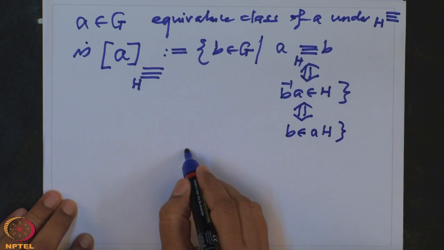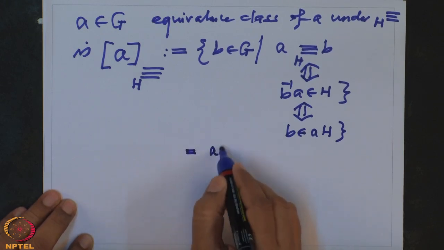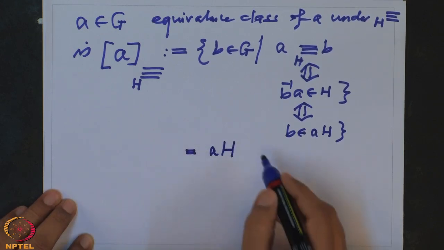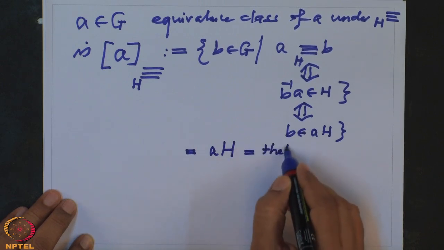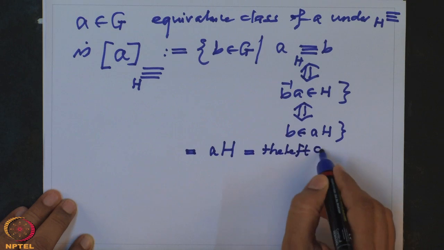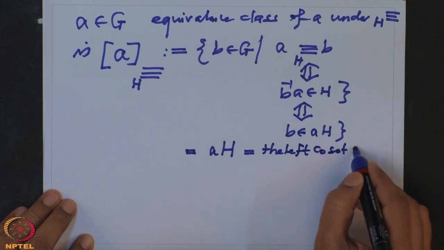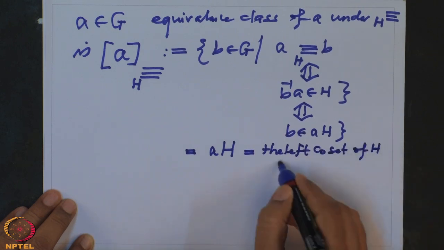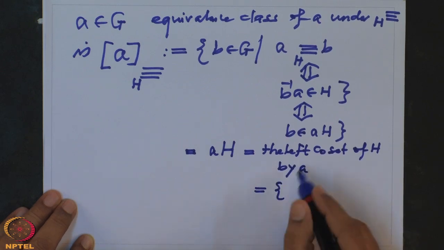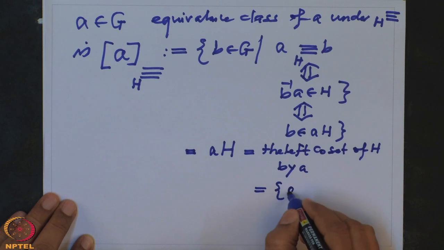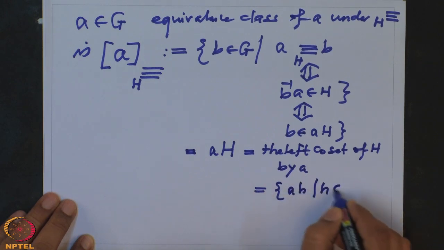So, therefore, this equivalence class is nothing but the left coset of H by A. This is precisely all those elements of the form A times h, h in H.